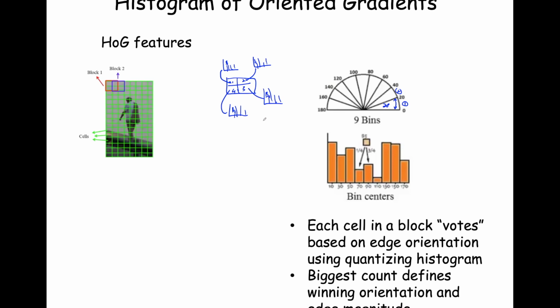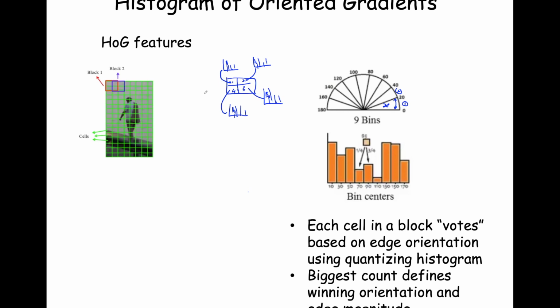And so that's going to define the winning edge orientation as well as the edge magnitude. And so through this voting mechanism, you're getting somewhat of robustness, because what's going to be representative of the dominant edge orientation is going to be that particular bin's edge contribution if it has the biggest edge count.